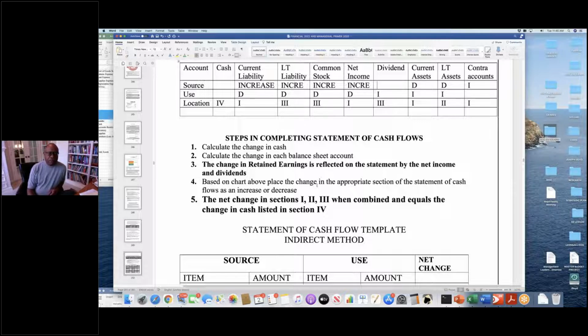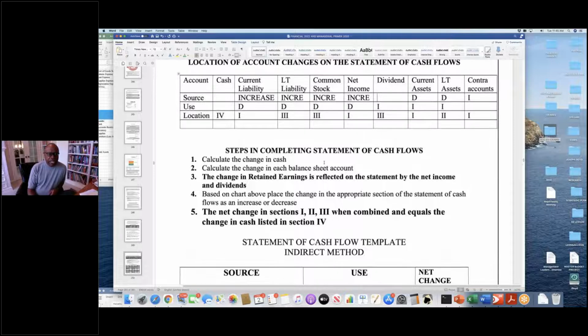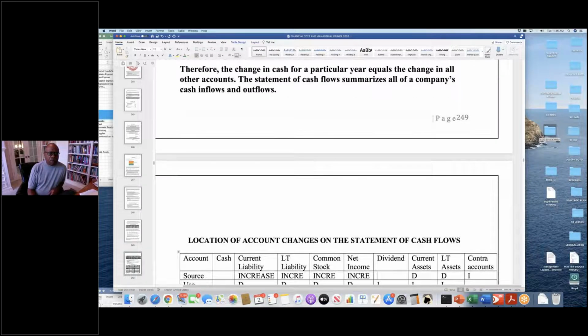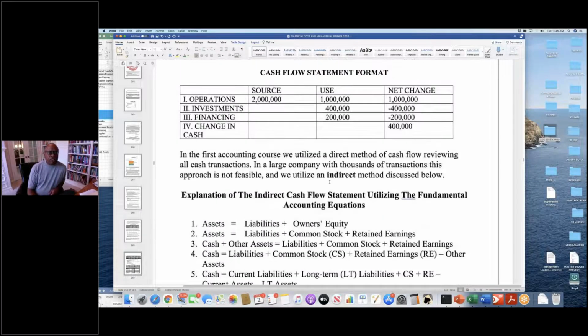Based on the chart above, place the change in the appropriate section of the statement of cash flow as an increase or decrease. The net changes in 1, 2, and 3 when combined equals the change in cash listed in section 4. So the net changes in 1, 2, and 3 equals the change in 4.